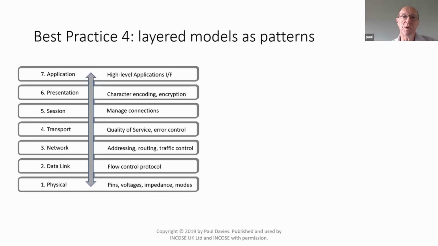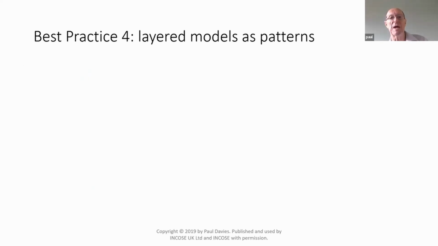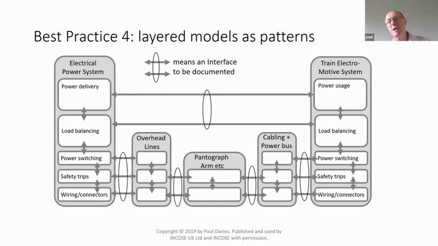Best practice 4 is using layered models as patterns. So here, this is the OSI, the open systems interconnection 7-layer model, much beloved by the communications and telecommunications industry. That's fine, but we can use that as a metaphor even if there's no software or comms in the interface.